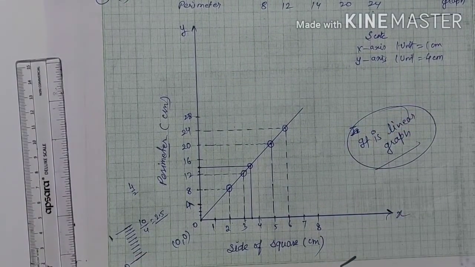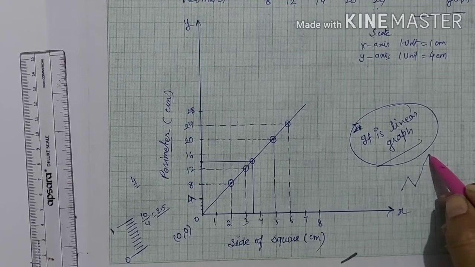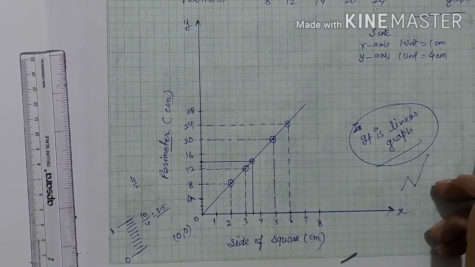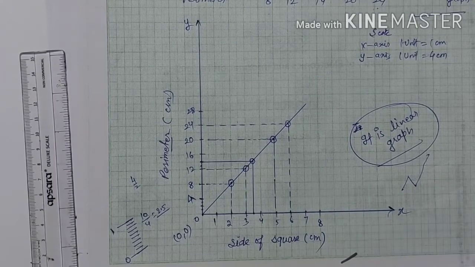Suppose the graph is of this type, then it is not linear, it is just a line graph. Okay, now the next question.